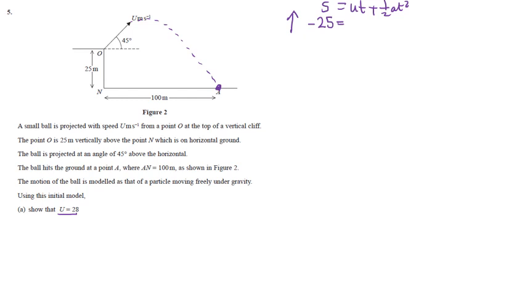So u, what's u equal to? Well, we want the vertical component of u, so that's u times sine 45 times t, minus a half g. Okay, so again, if we're taking upwards as positive, the acceleration is negative because it's acting in the opposite direction, times t squared.